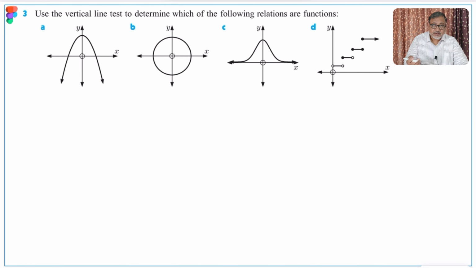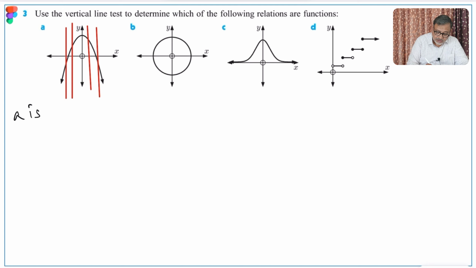Now another example. We already checked the graphical test. Use the vertical line test to determine which of the following relations are a function. So I will draw a vertical line here anywhere. What do you observe? These vertical lines are meeting the graph exactly once.